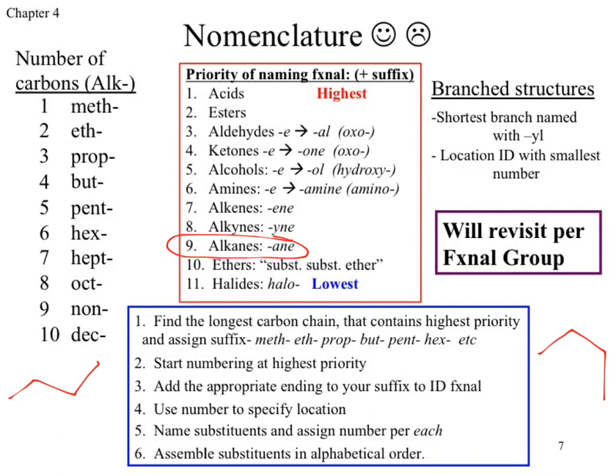So we move into our blue box. We're going to find the longest carbon chain that contains our highest priority group. In this case, since it's only alkanes, all we have to do is find our longest carbon chain. So we take a look at the structure on the left. We can start usually on the leftmost side. I would highlight my longest carbon chain.